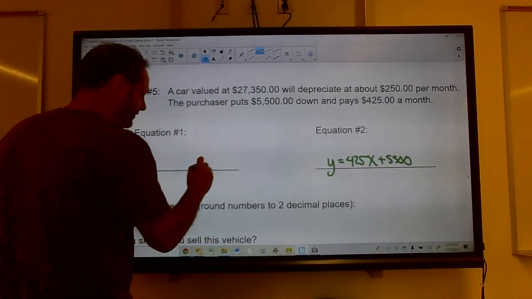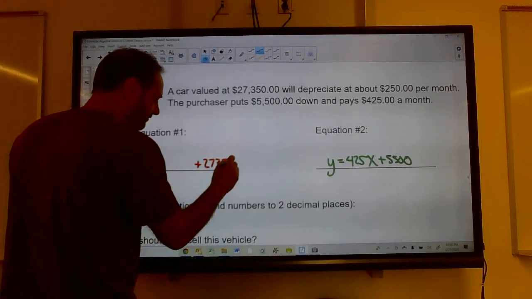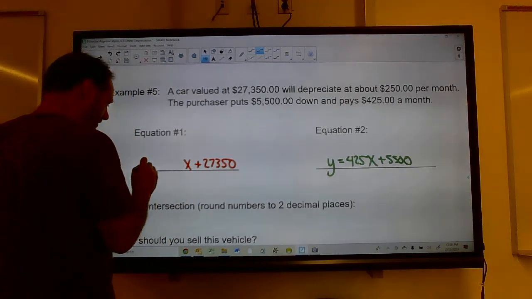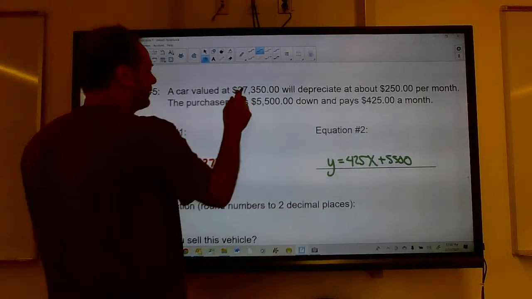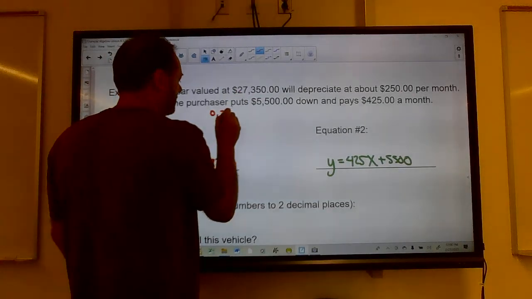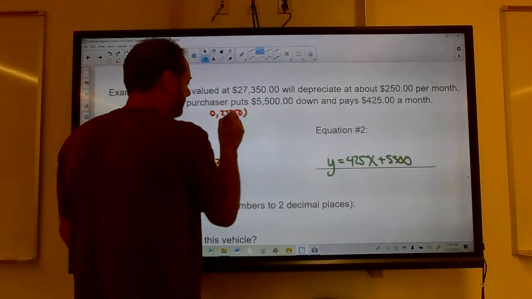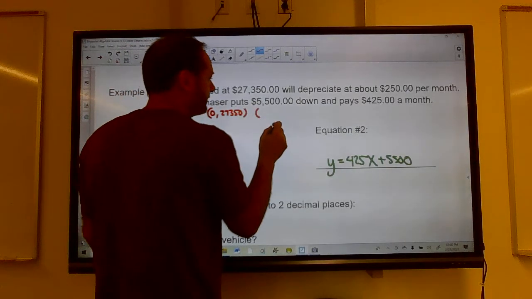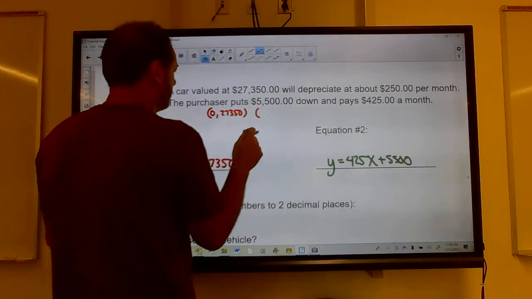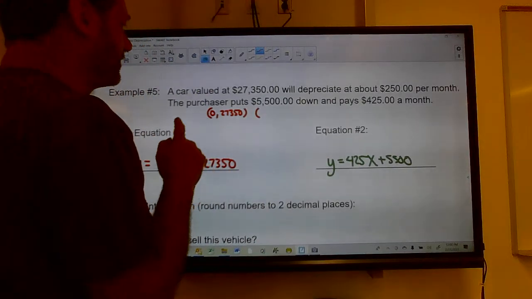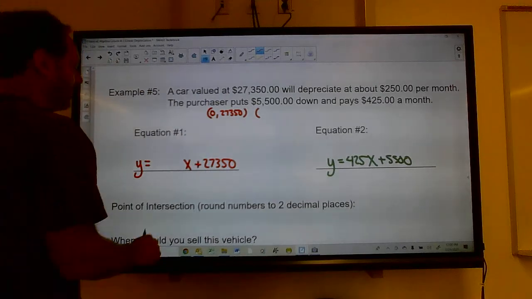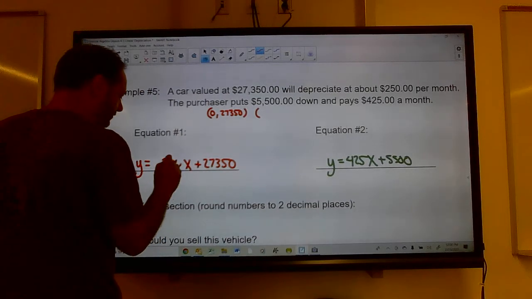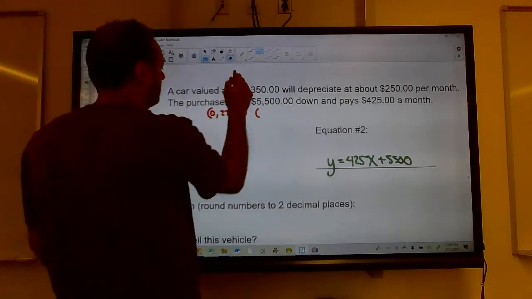It's 27,350. I just got to figure out M. So that's going to be the point 0, 27,350. It's going to depreciate $250 a month. Oh, it tells me that already. Okay. So there's my slope, negative 250. So I don't have to figure it out on this one.